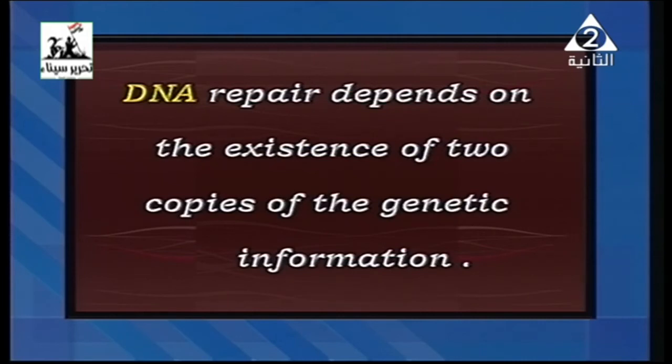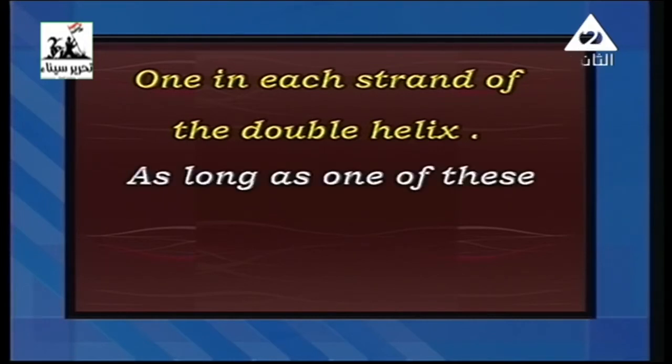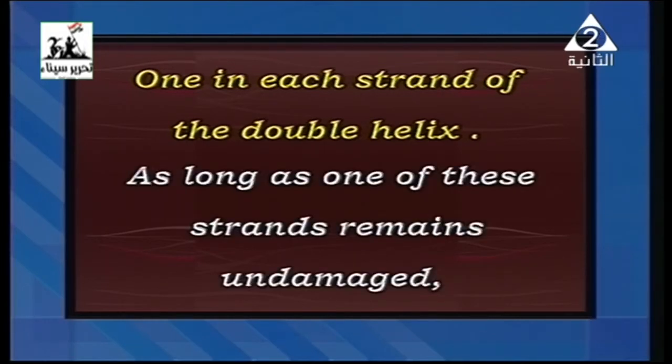DNA repair also depends on the existence of two copies of the genetic information, one in each strand of the double helix. As long as one of these strands remains undamaged, we have a condition here.